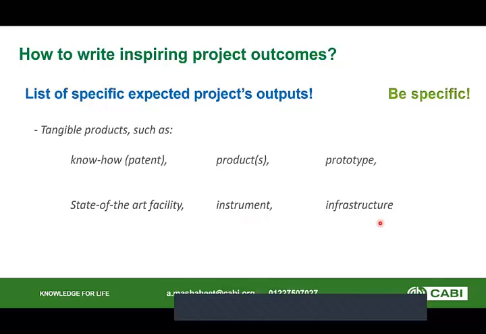If you're going to establish some infrastructure, it is also important to list that in the outputs. These are the kinds of things that you should consider putting there. And if there is something else that you think is a tangible output, please put it there. So don't underestimate your project. If you yourself underestimate your project, probably no one else is going to appropriately estimate it. So list them there.